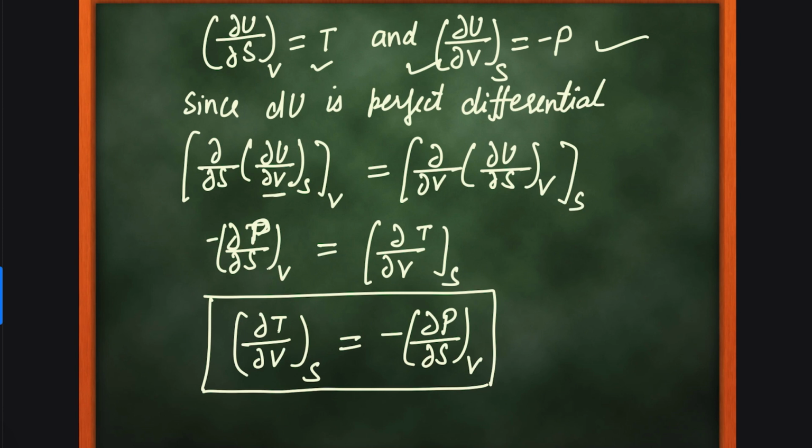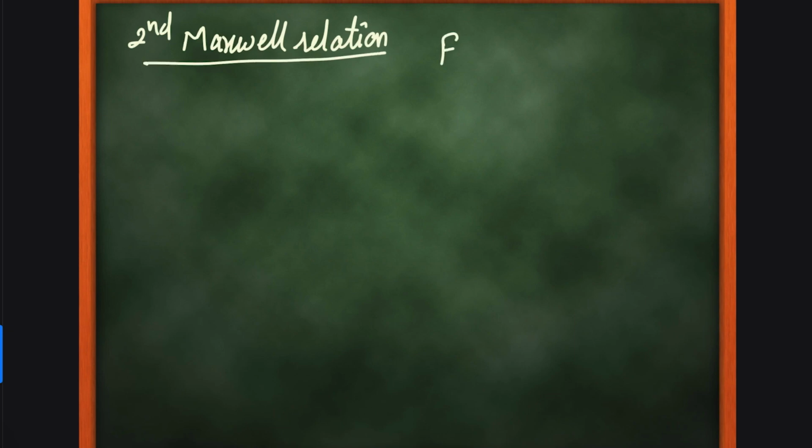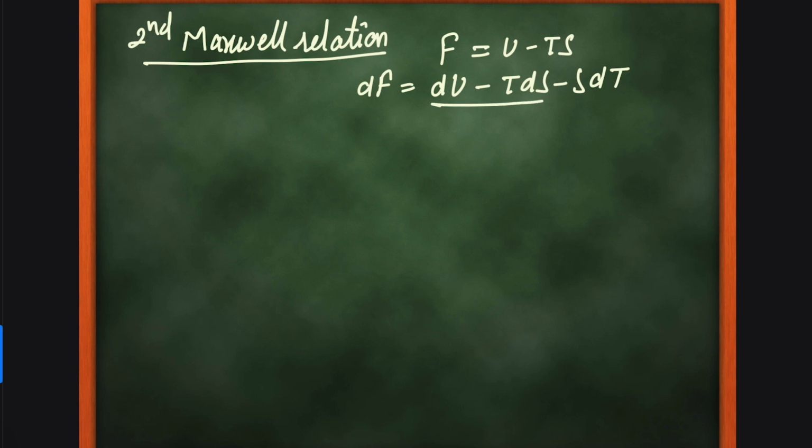Similarly, we can find out the second Maxwell relation. For the second Maxwell relation, we know that F is equal to U minus TS. Then dF is equal to dU minus TdS minus SdT. dU minus TdS, from the second law of thermodynamics and first law of thermodynamics, is equal to minus PdV, and this is equal to minus SdT.